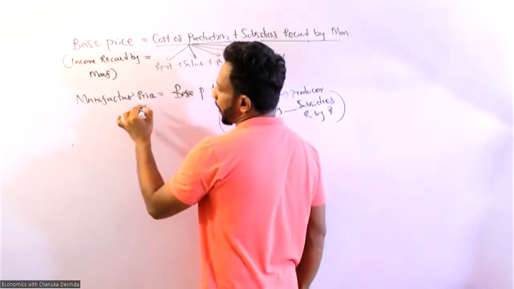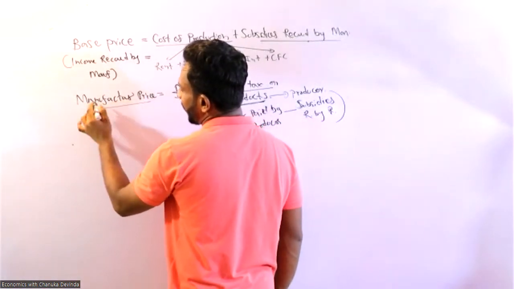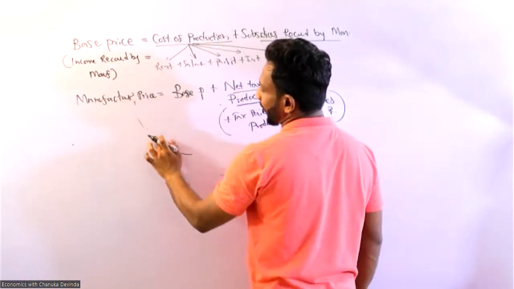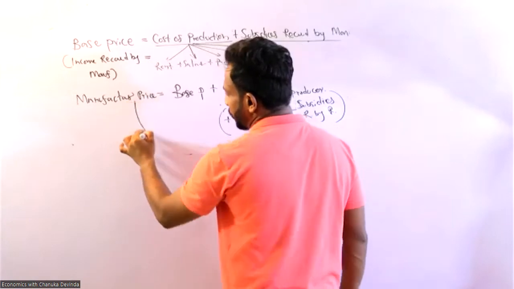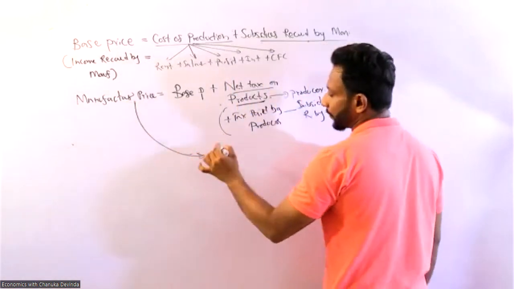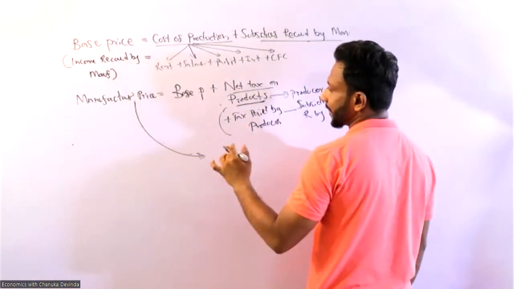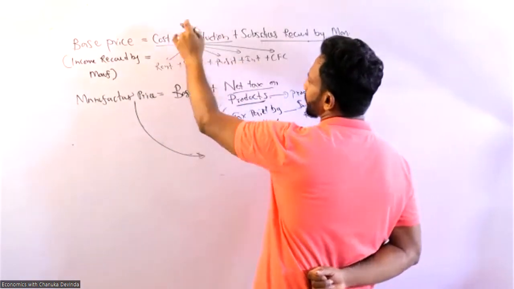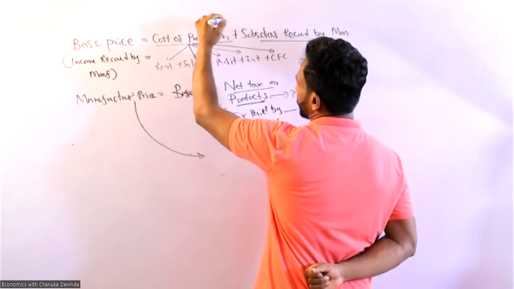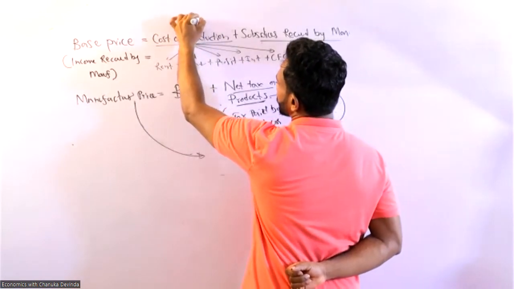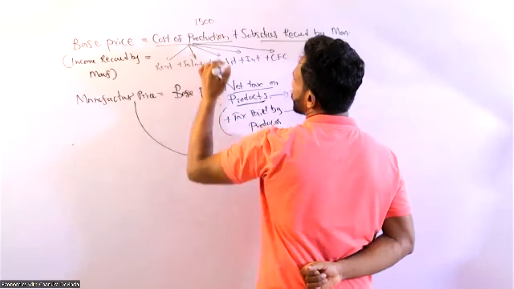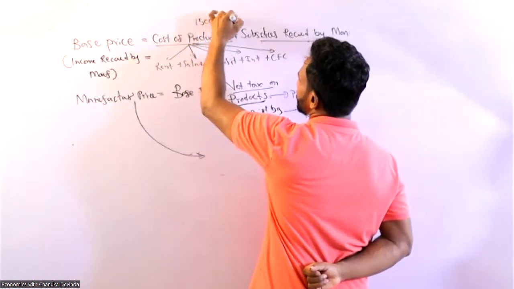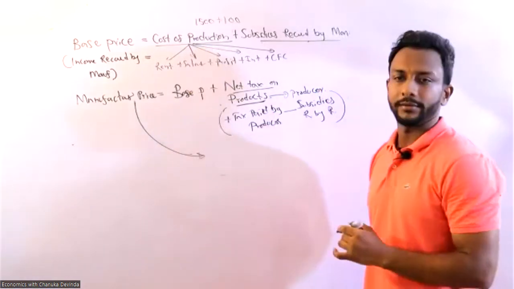So that means the manufacturer will sell it for the manufacturer's price. Let's say the total cost of production, including all these factor costs and consumption of fixed capital, is 1,500. He has already received 100 subsidy, so it is 1,600, right?